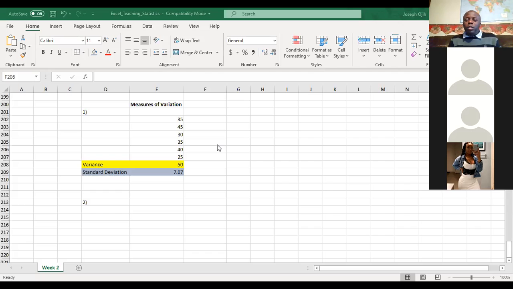So the numerical difference in salary may be there, but the real purchasing power of the money may still be the same. And we use this value, the coefficient of variation, to compare the variation of the two.